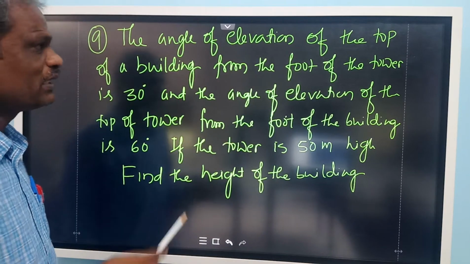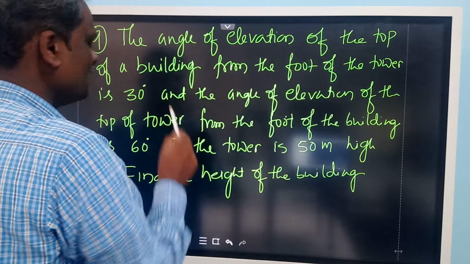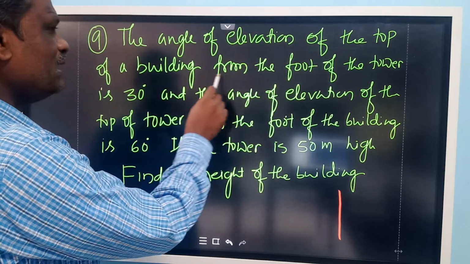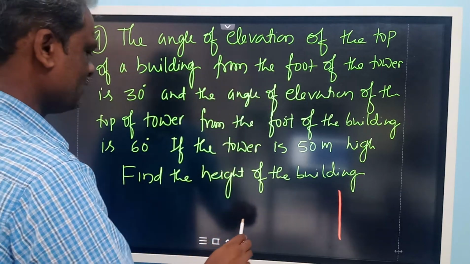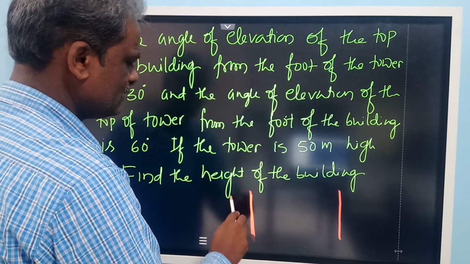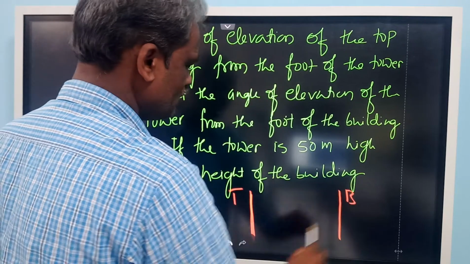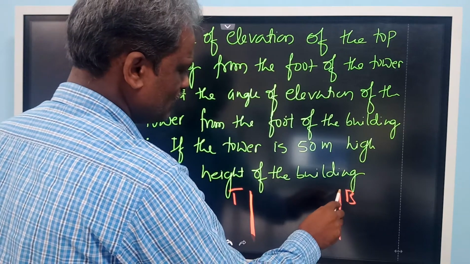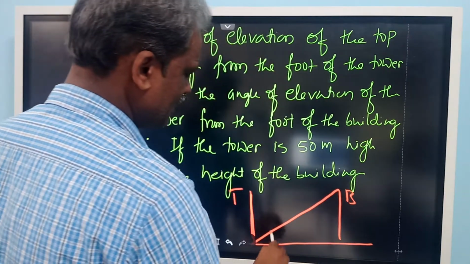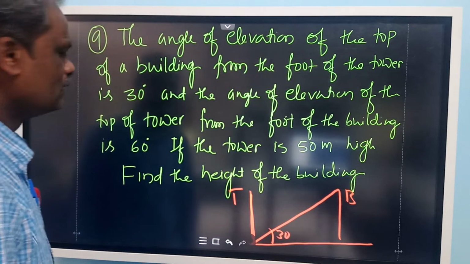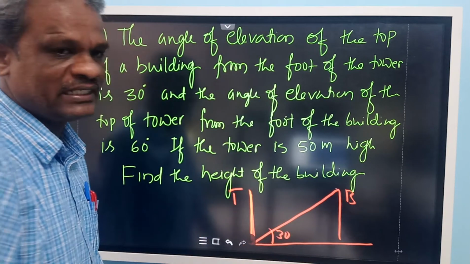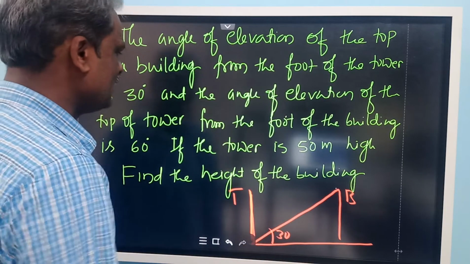A rough diagram: you can write a building here, and another one is the tower. From the foot of the tower, if you observe the top of the building, with a horizontal line, the angle of elevation is found to be 30 degrees.